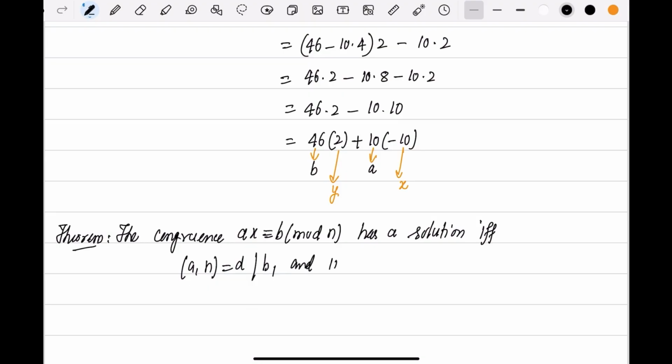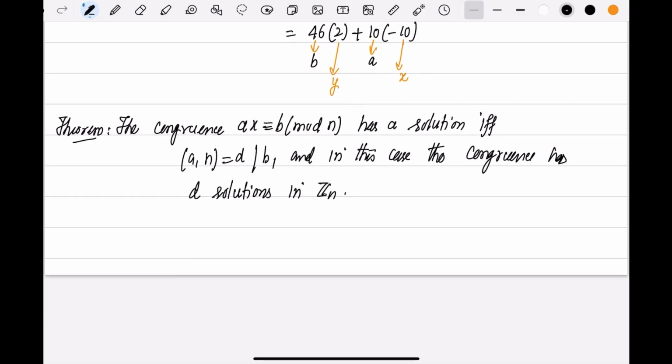And in this case the congruence has d solutions in Zn. We can call them d solutions modulo n also.